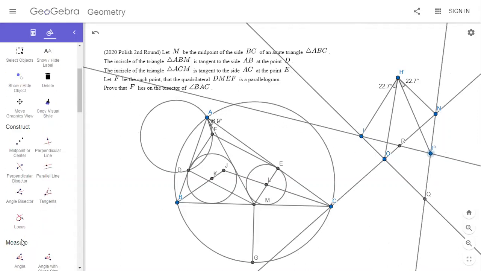So that's 33.5 for IH'R, and NH'Q is also 33.5. I have a video on this on my channel, but it comes in handy a lot.